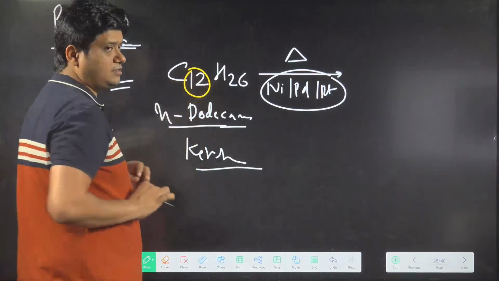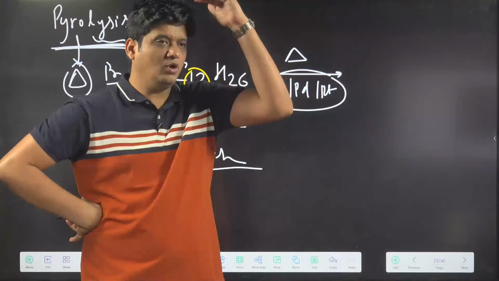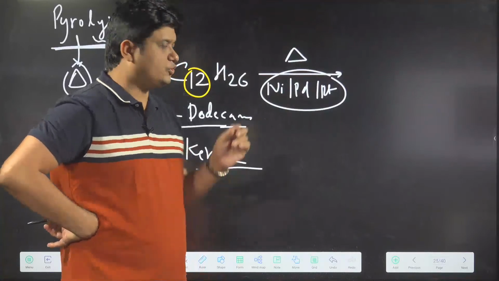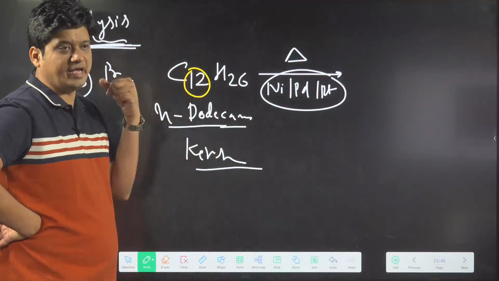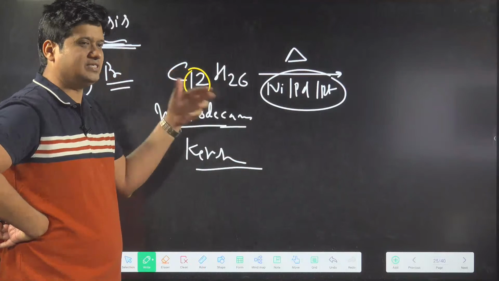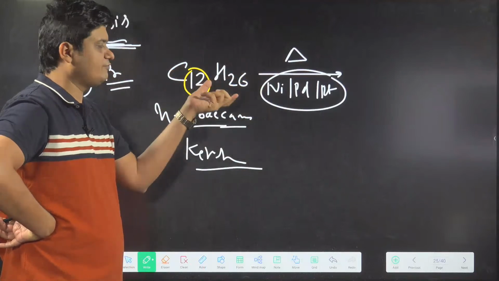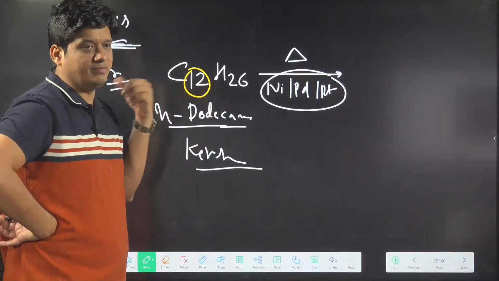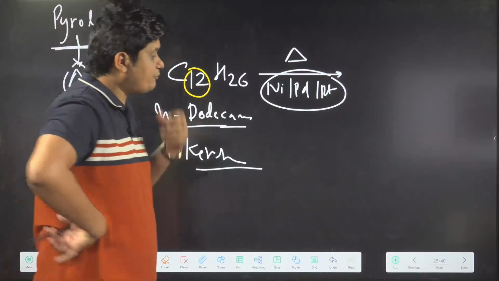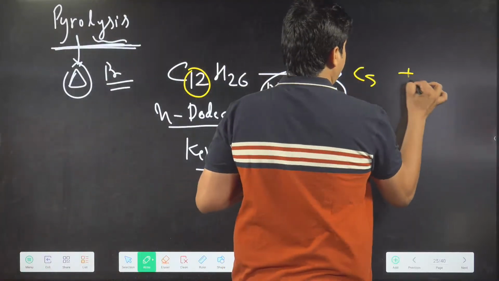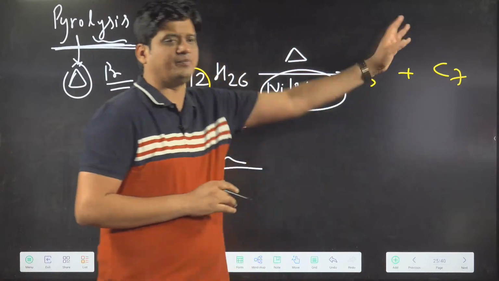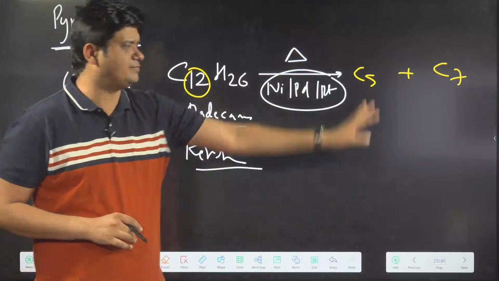12 months are there in a whole year. So the substrate you can guess is C12, and obviously you have to follow CnH2n plus 2, so you get the complete formula. Products are C5 and C7. How to guess the product? Many products are formed, but this is the major product.